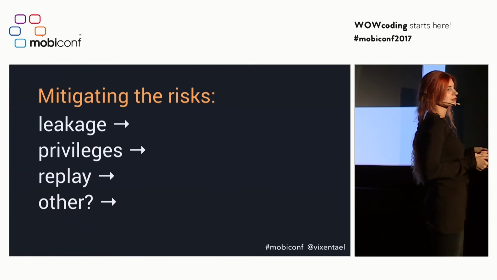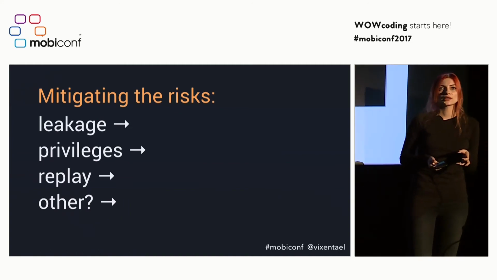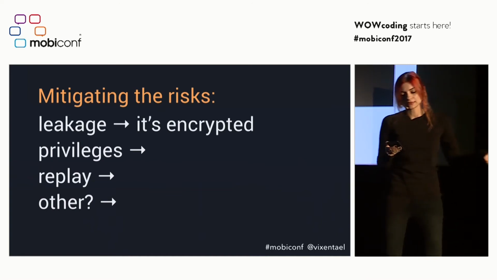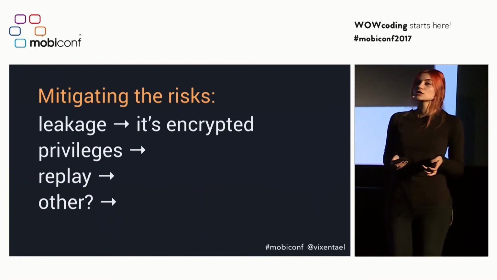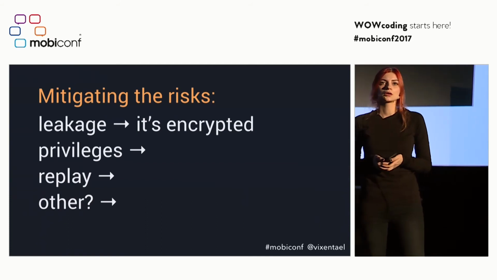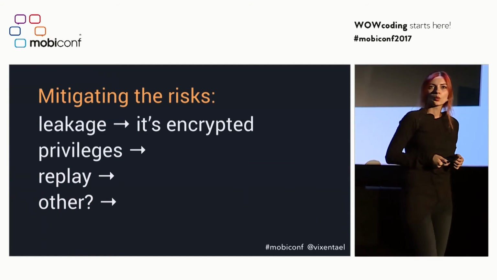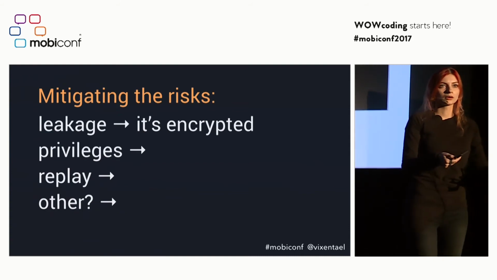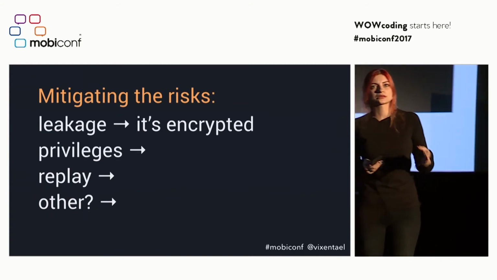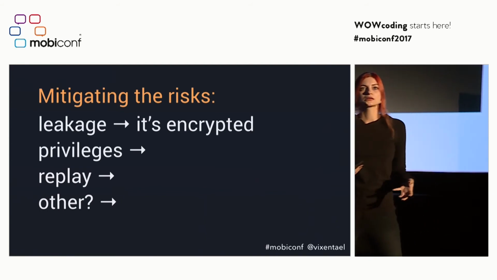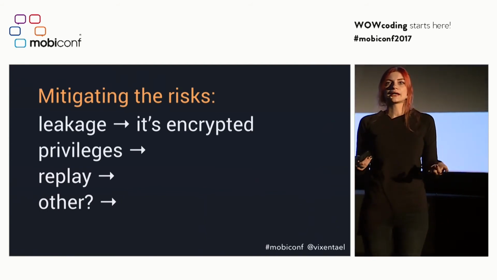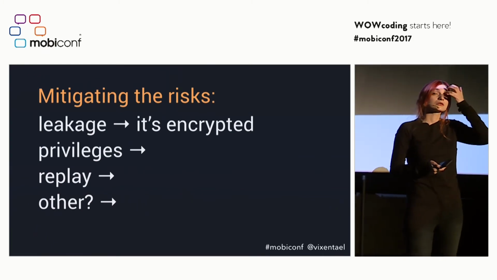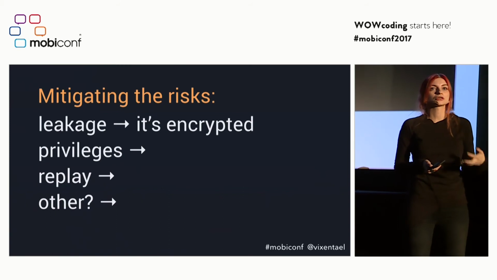We talked before about data leakage. How did we solve the data leakage? Easy, data is encrypted. What about privilege escalation? Do you know what is privilege escalation? When you can get the root access to the server, and you can get the access to the database, and you can update your user role in a database, like to data owner, just because you have hacked and rooted the server.